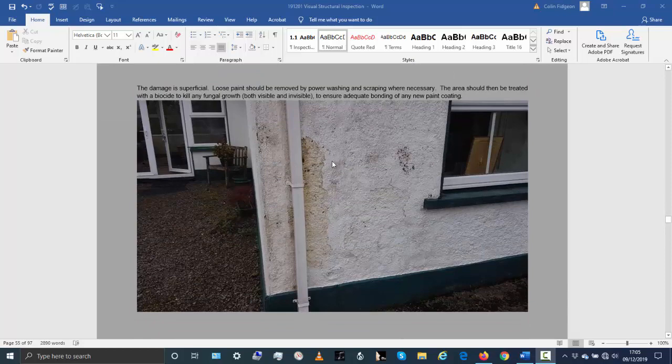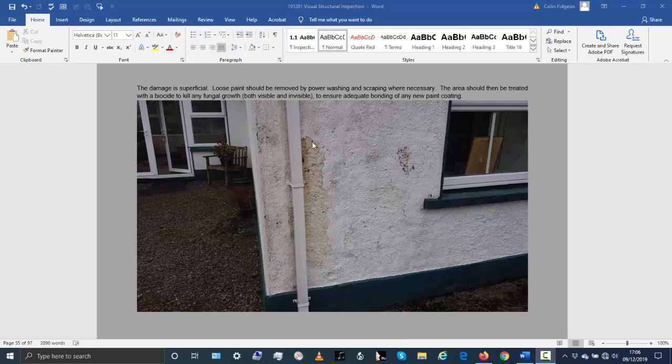What I would be doing here is power washing it to remove all of the loose paint, and using a scraper if necessary. After that, I would treat it with a biocide, which is basically a chemical that you roll on, which will kill any fungal or mold growth.